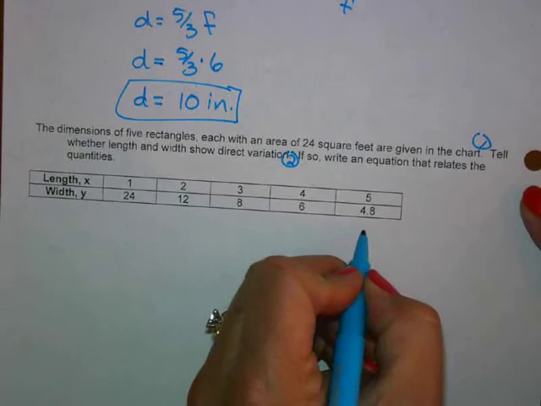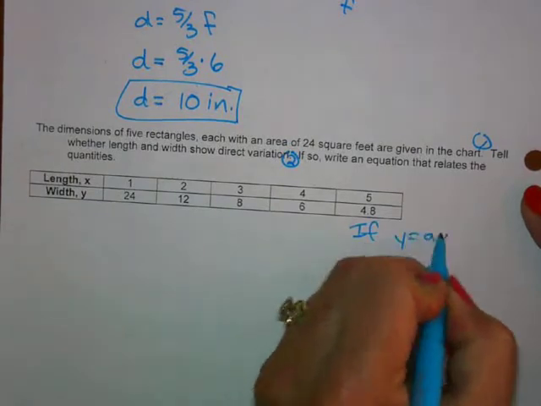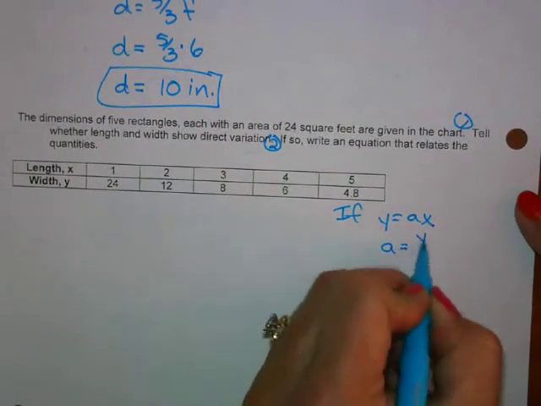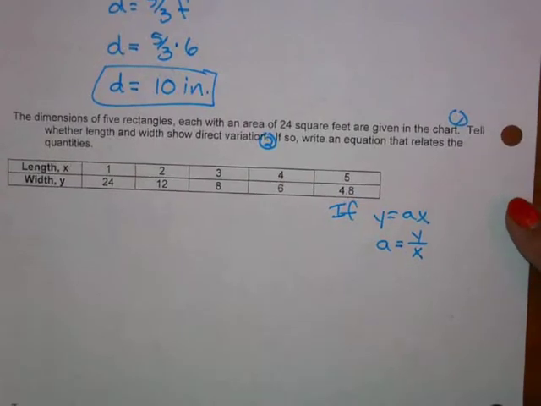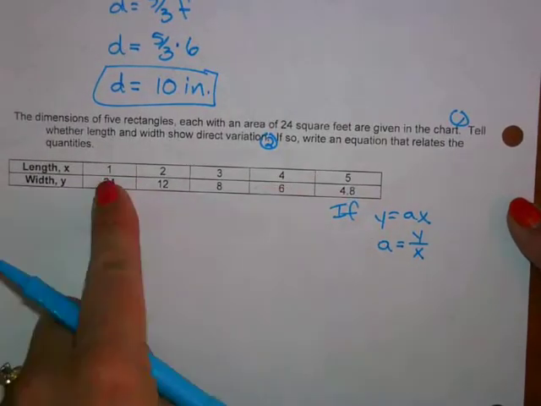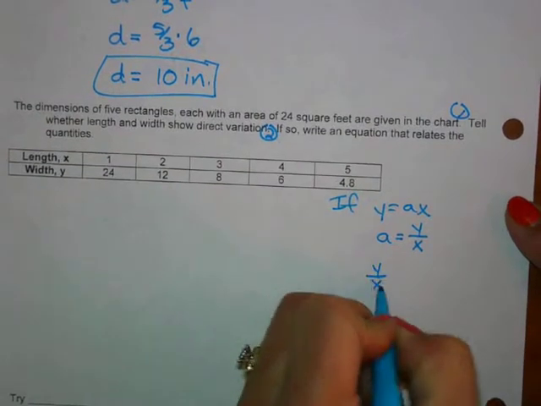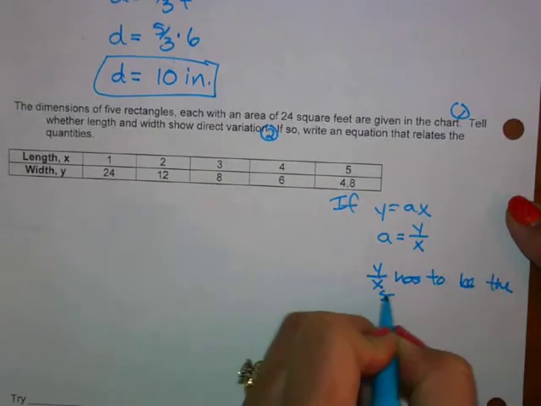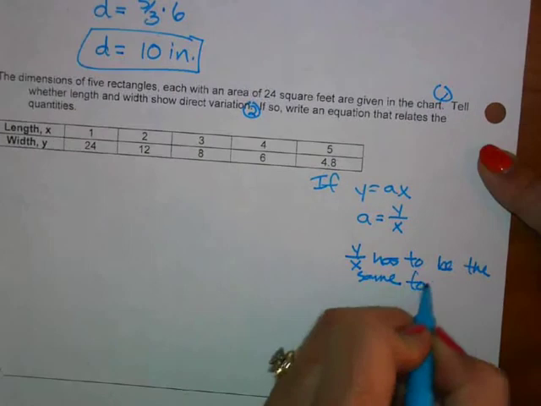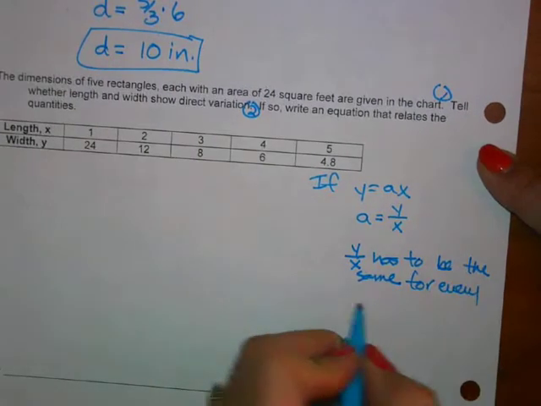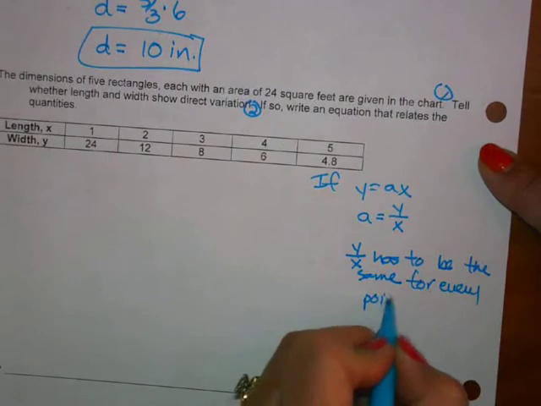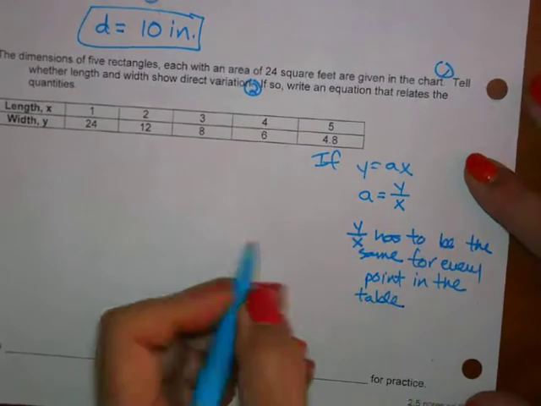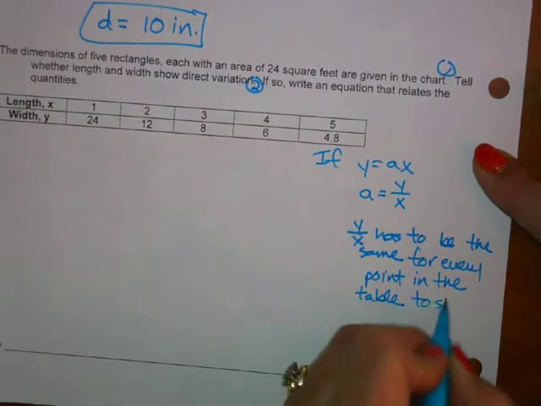So remember, if this is the direct variation equation, and we notice that to find A, we have to take y divided by x. So to decide if a set of data represents direct variation, y divided by x has to be the same for every point in the table to show direct variation.